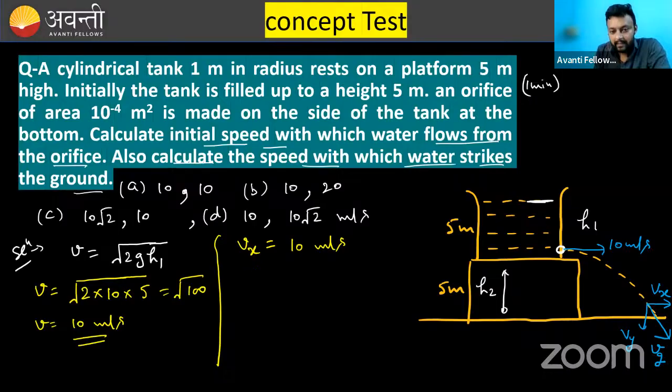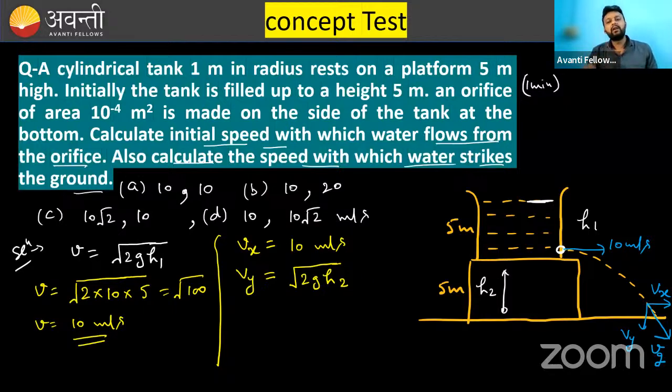After some time, at the time of reaching the ground, it may have gained some vertical velocity that can be calculated using kinematic equations. And that velocity is again root 2 g h2. From where did this formula come?